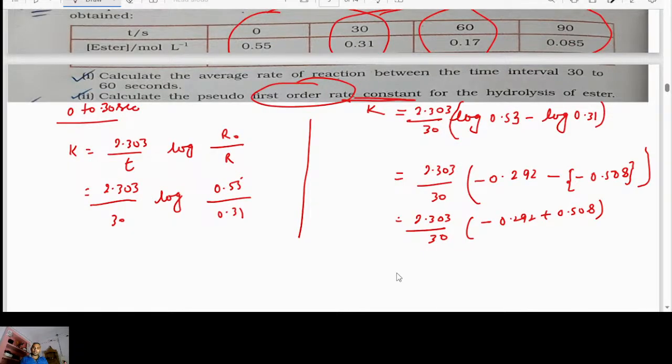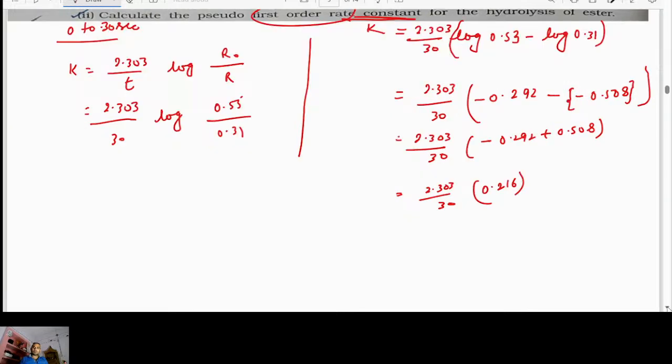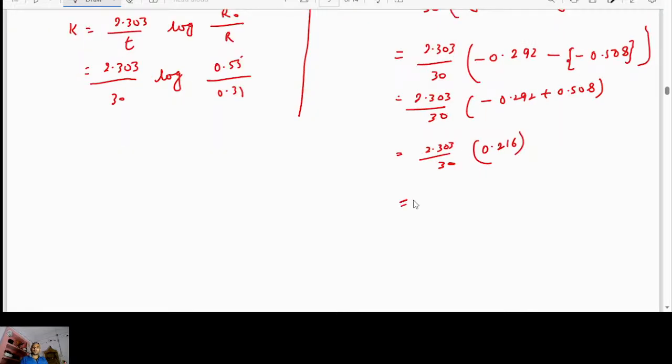So here is 2.303 upon 30. If you solve this decimal value, 0.508 minus 0.292, so 0.216 is coming, student. Here you see, 2.303 upon 30 multiplied by 0.216.